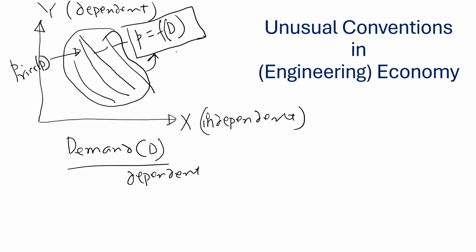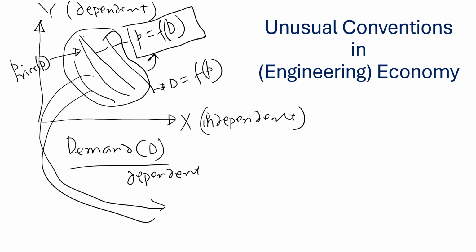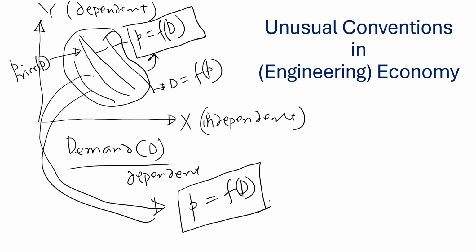The problem is that's not the reality. Price is not a function of demand. The reality is demand is a function of price. So what should you do? If you translate these lines or graphs into a mathematical equation, it becomes price is equal to a function of demand, which we have used in this video series and the Open Educator textbook.